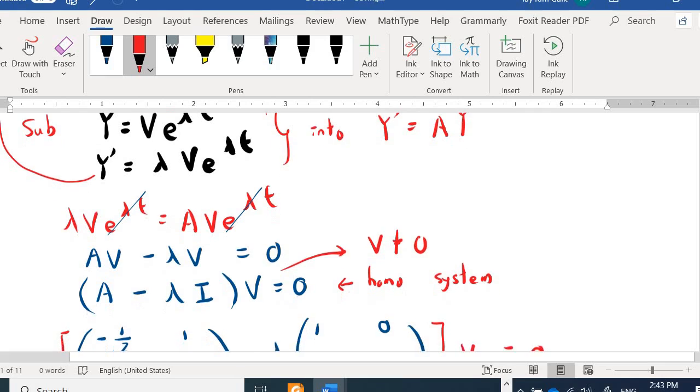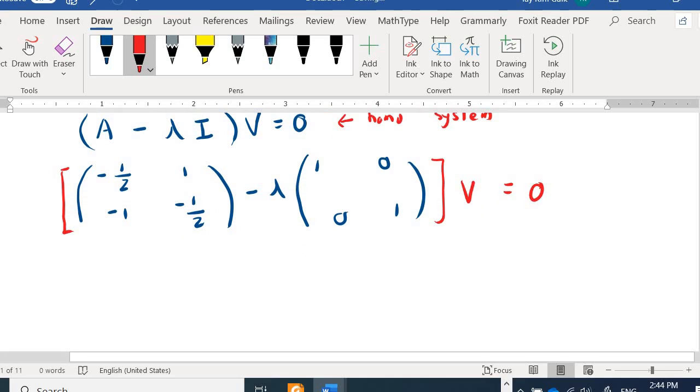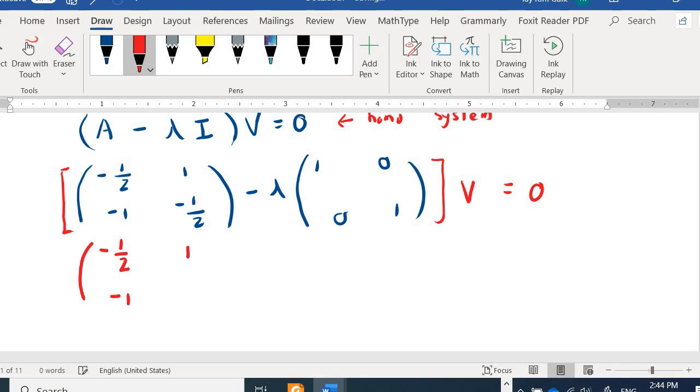So the only way to get a solution is to let the determinant of A minus lambda I equal to 0. This will be the matrix simplified here. I think you know how to do matrix arithmetic operations, right? Negative half. I do it slowly. I showed this in the first lesson of homogeneous system.